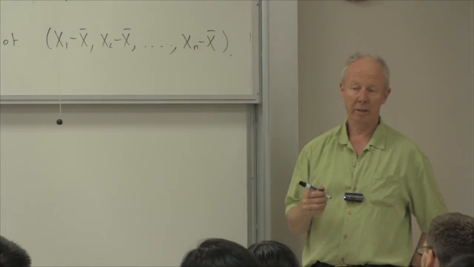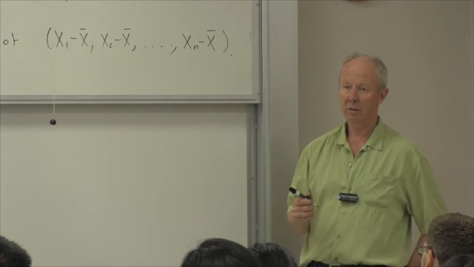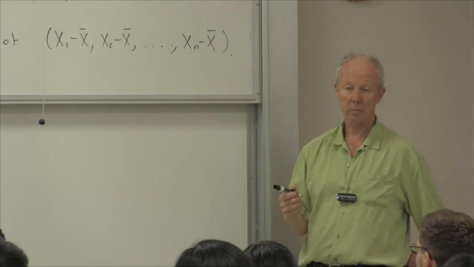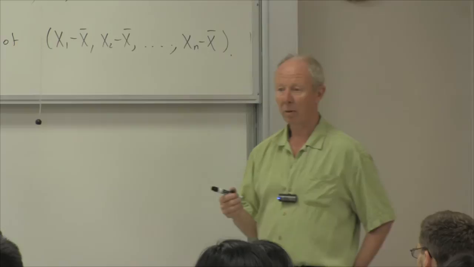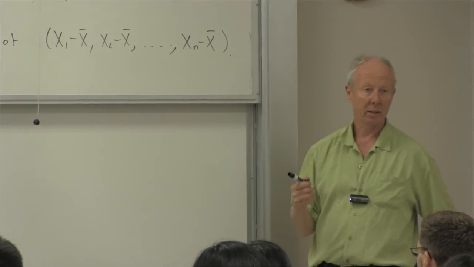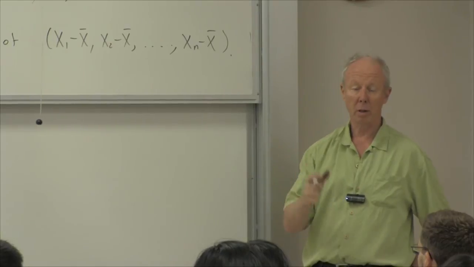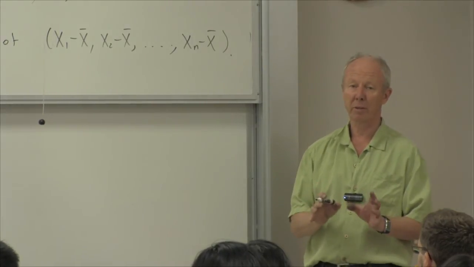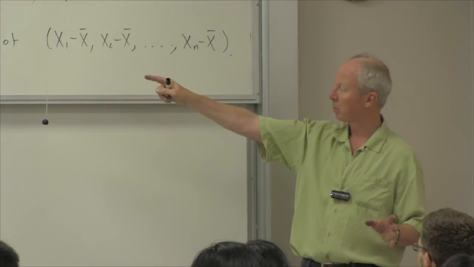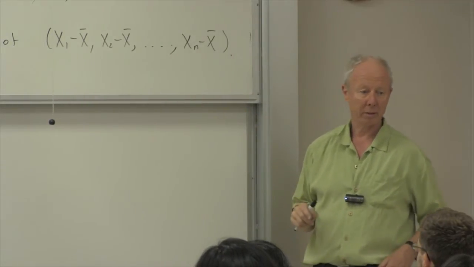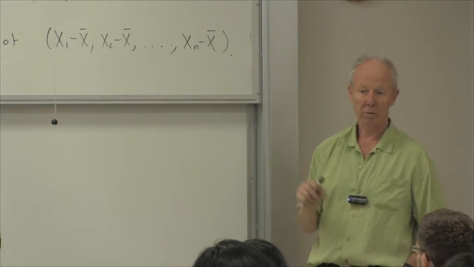Another way is to look at the moment generating function and show that it factors into a product. If it does, remember that you use the uniqueness property of moment generating functions. A moment generating function can only come from one distribution. So if it comes from a distribution where the x bar part factors away from this part, then you know they're independent. So let's look at the moment generating function for this.